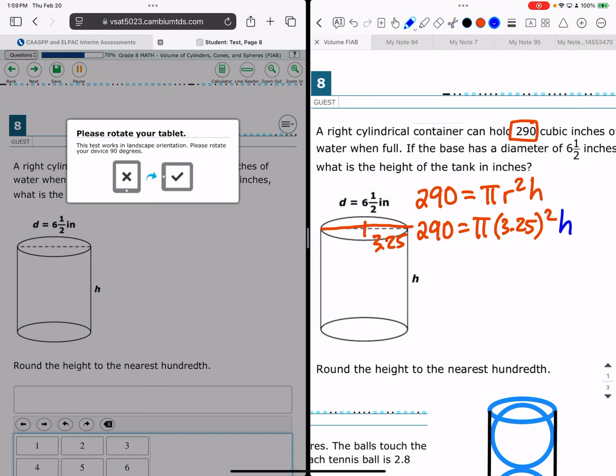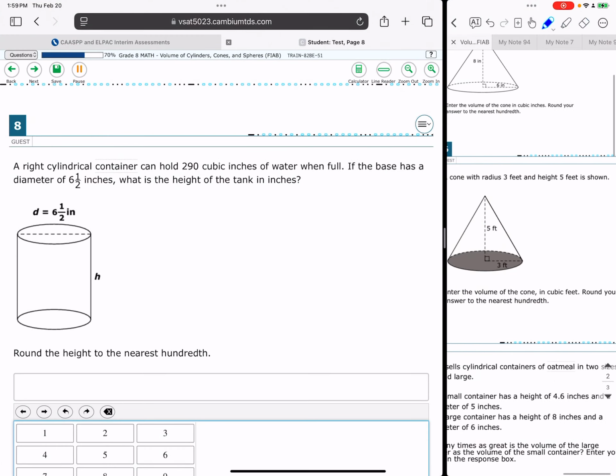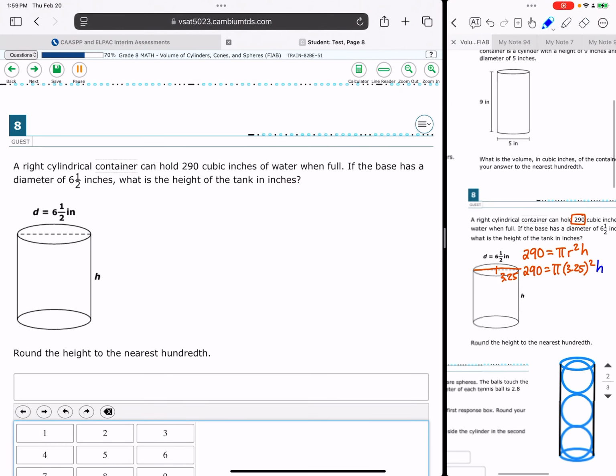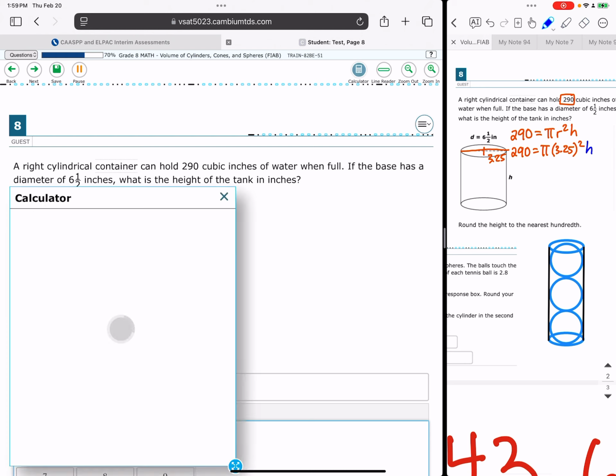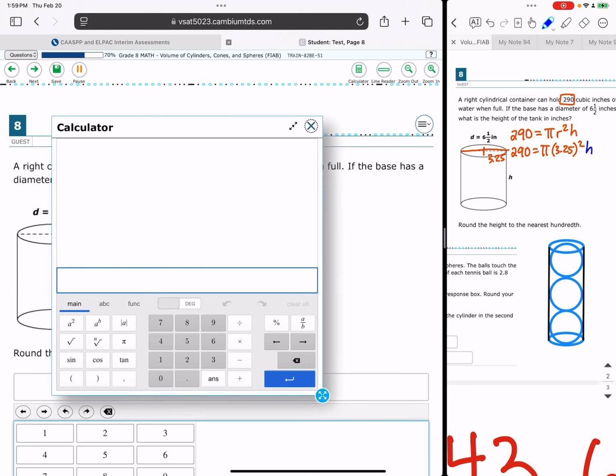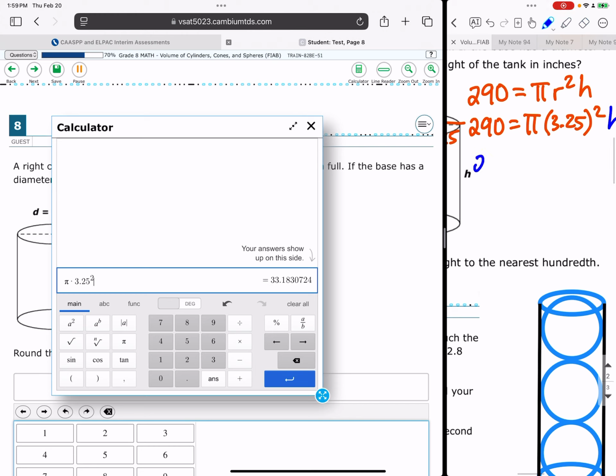Over here on this calculator, I'm gonna do all the math that I can. I'm gonna do pi times 3.25 squared. So far I have 290 equals, if I do the math for that, 33.18 times the height.